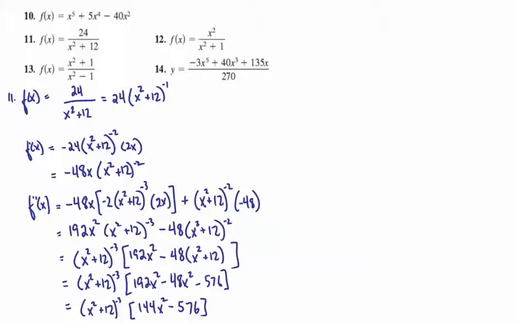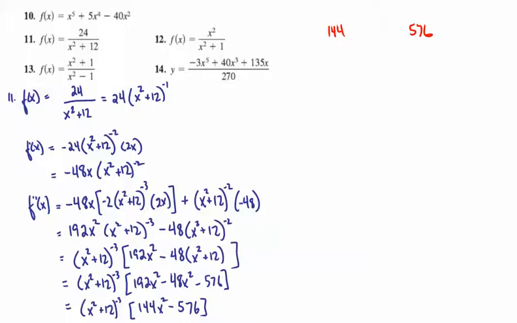Now, most of this is just plain old algebra or arithmetic even, and we need to simplify that 144 x squared minus 576, see what is the greatest common factor of those two. Well, both of those are divisible by 6, so if we begin from there, I'll let you figure this out on your own.